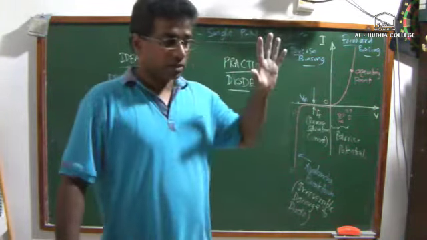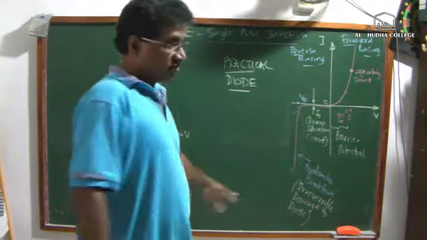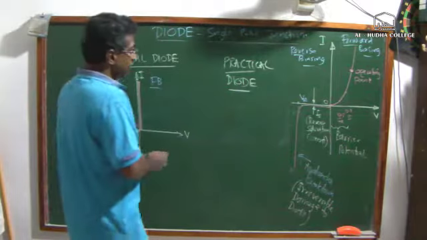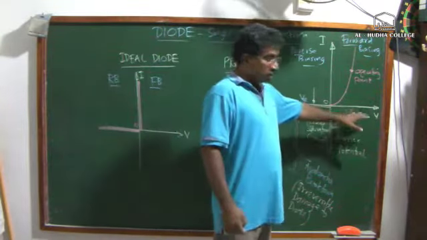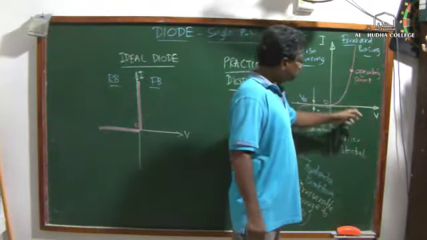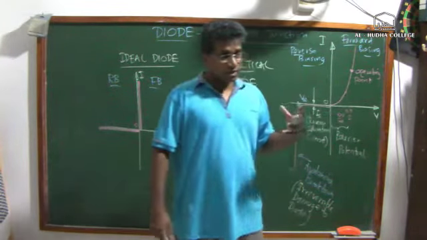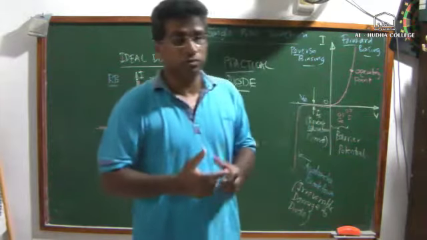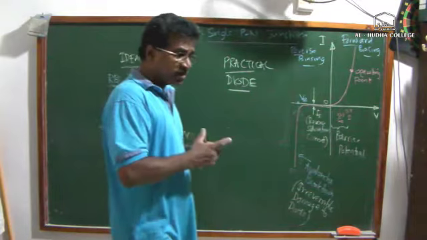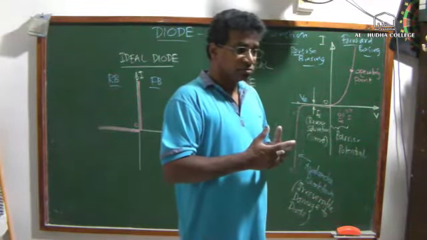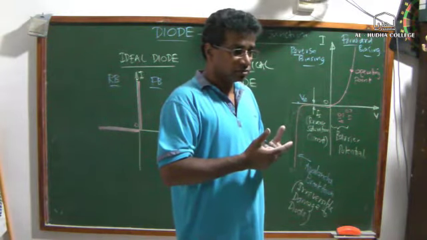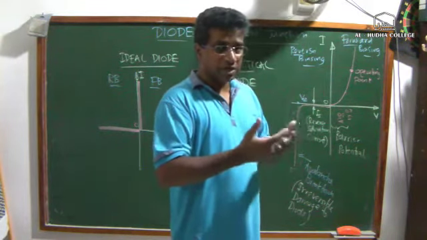When the operating point is somewhere here, there is a voltage and a current. We earlier defined the limitations, the power rating, right? The power dissipated in the diode is this current into this voltage, right? That is the power dissipated within the diode. That is the heat generated in the diode, right? So that is going to heat up the diode.